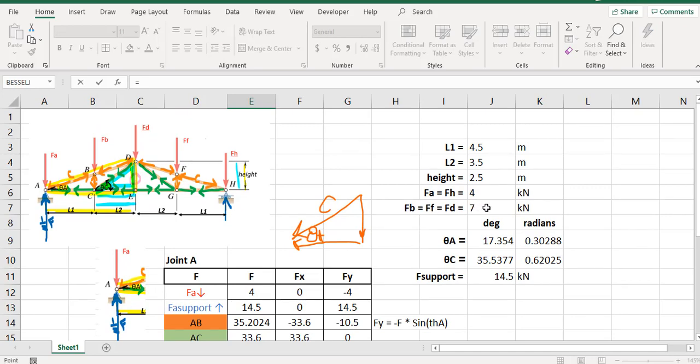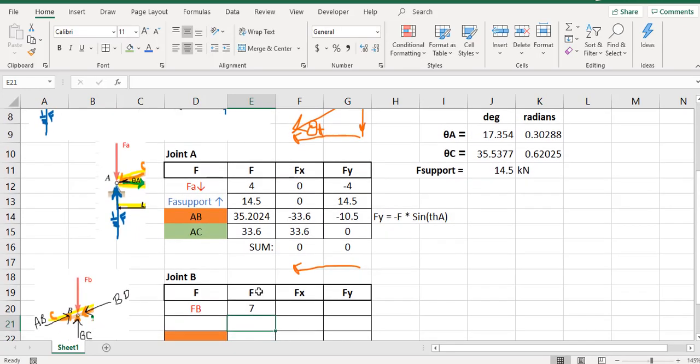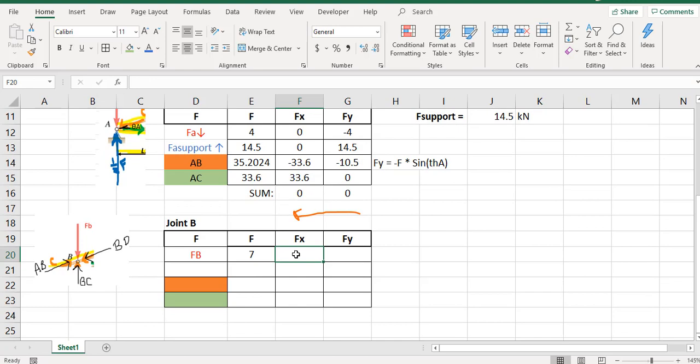My FB is going to be one of these 7s, and that is coming down in the Y direction. So that's this red force right here. I have BC, and I don't know what the magnitude of that is yet, but I can fill in this 0 because I know BC is entirely in the Y direction.